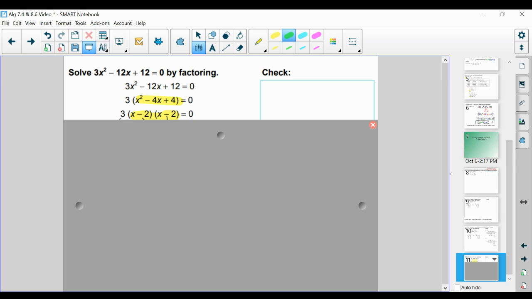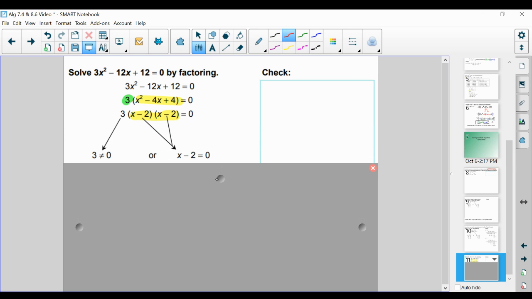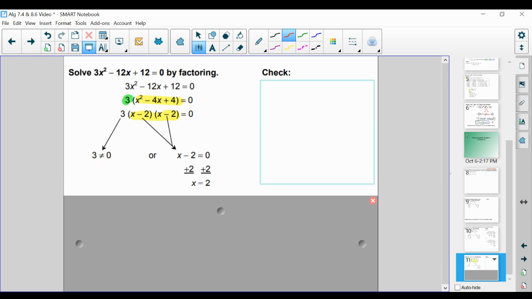We want to pull out that greatest common factor in the beginning to make factoring a heck of a lot easier. When we solve it, we know that 3 cannot be equal to 0, and we have x minus 2 is equal to 0, therefore x is going to be equal to 2. In this case, since we are having it equal to 0, we technically can divide by 3 on both sides, since we know that 3 cannot equal 0.